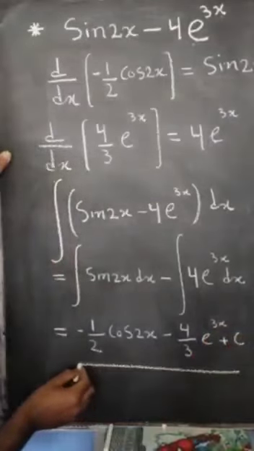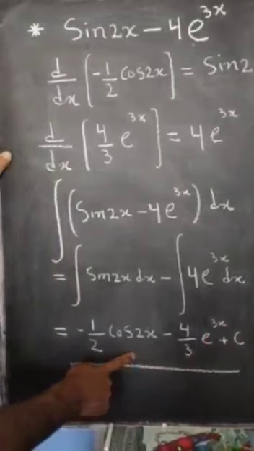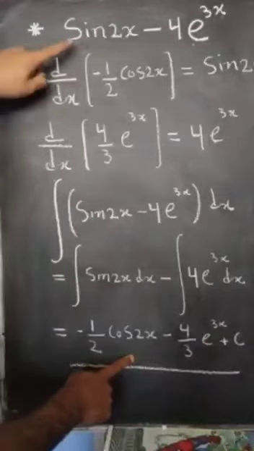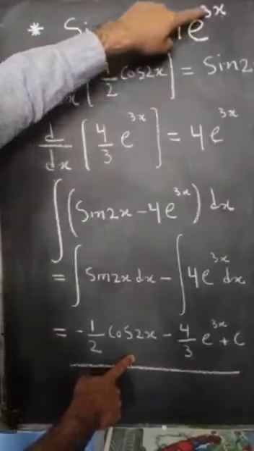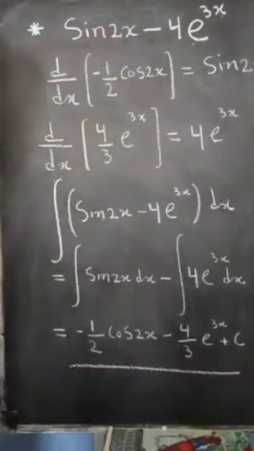So that is the antiderivative of sine 2x minus 4 times e raised power 3x. This completes the question.